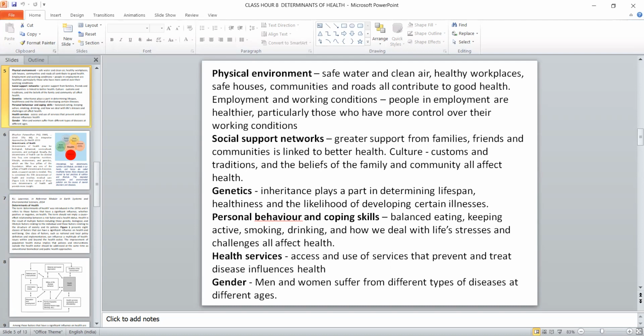The uncontrollable determinant is called genetics. The inheritance plays a major role in determining the lifespan. Why? Because healthiness and likelihood of lifestyle definitely will improve your health. Definitely the illness will be evaded. Personal behavior is also an important determinant, because of balanced eating, keeping active, non-smoking, non-alcohol.